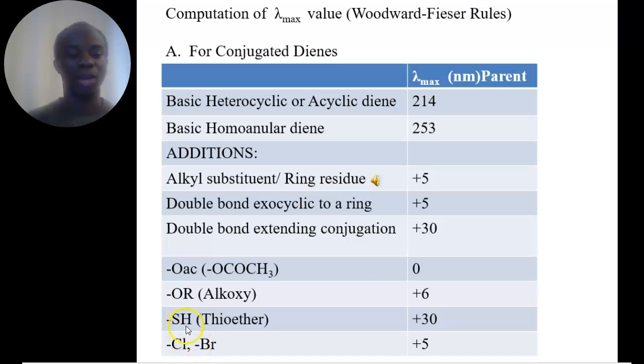You can have thiol ether, you can have alkoxy, you can also have this acetyl group. Yes, you can have this group also attached to the conjugation system. So all of them have an impact on the basic lambda value, and you have to consider them. So let's look at an example for conjugated dienes.